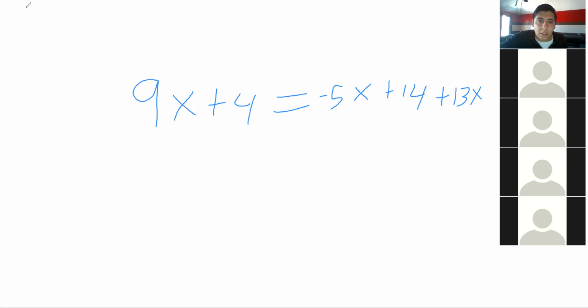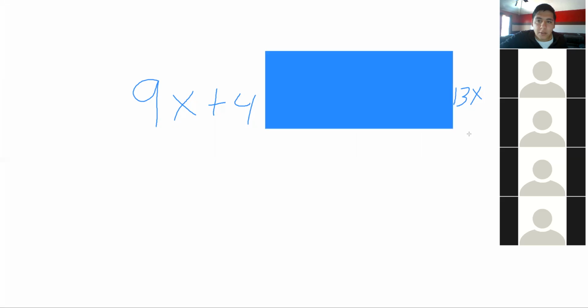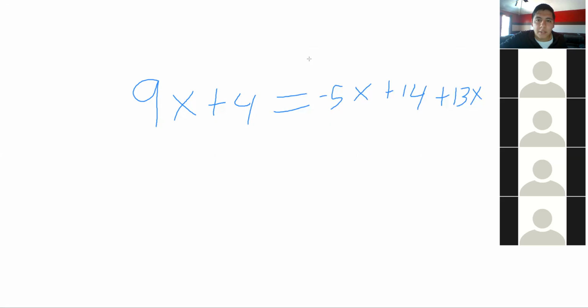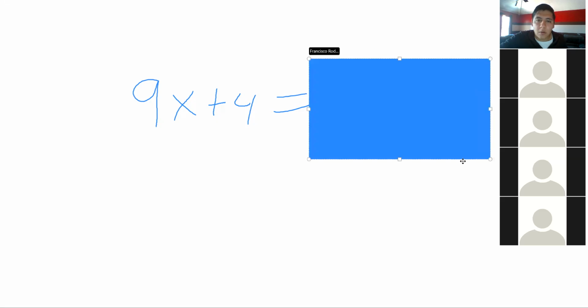So we're going to focus on one side of the equation at a time, right? Looking at this, 9x plus 4. Do you think there's anything that we need to do to that?